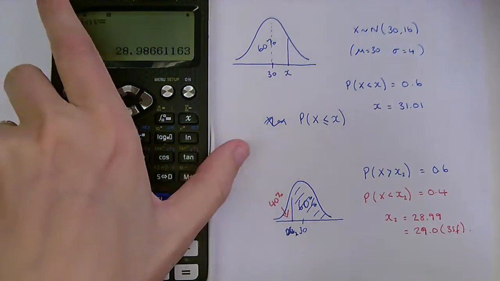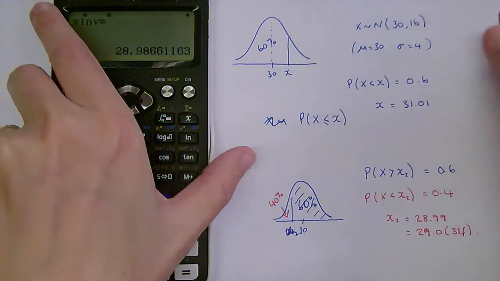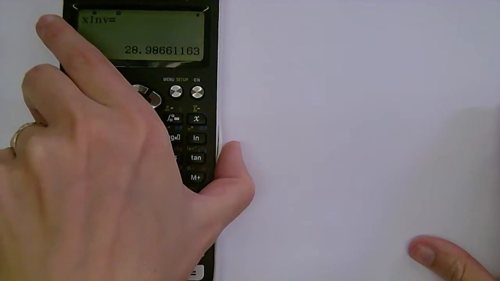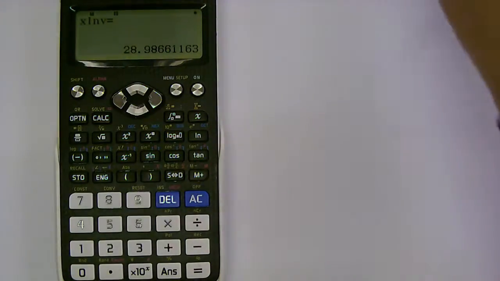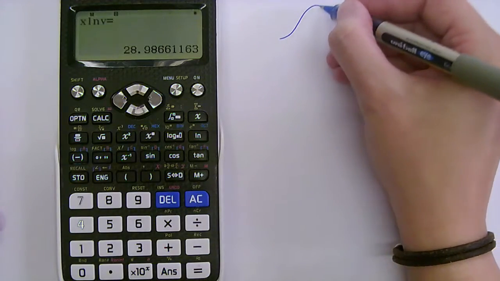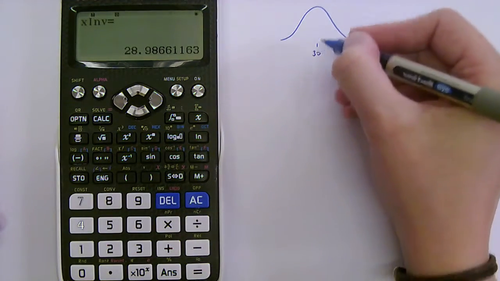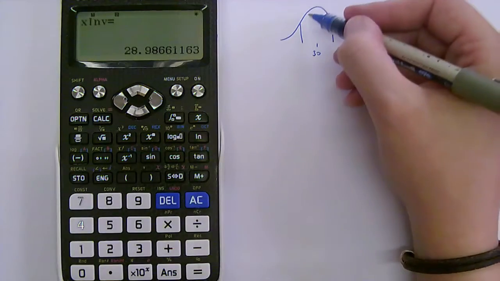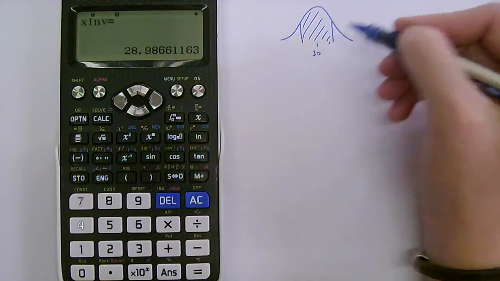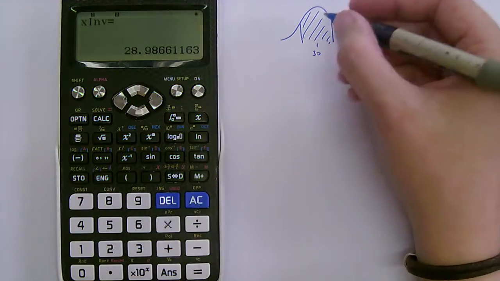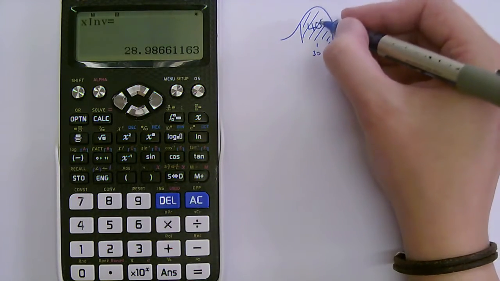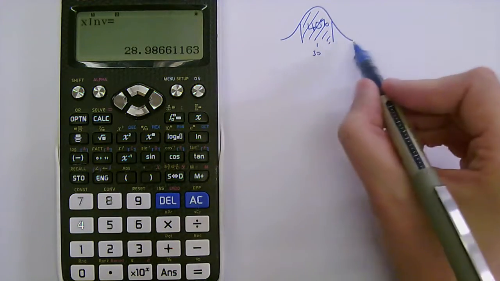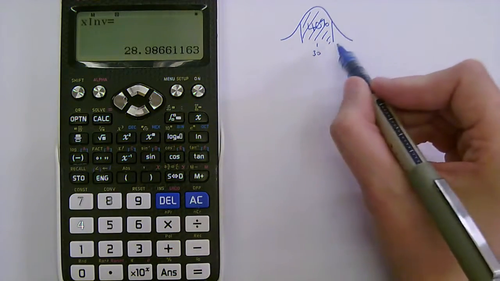The third thing we need to think about is when it's an area in the middle. So if we've got a question like this, and we want that area to be, say, 40%. Now obviously that can slide around, so we're going to need to know one of these values.